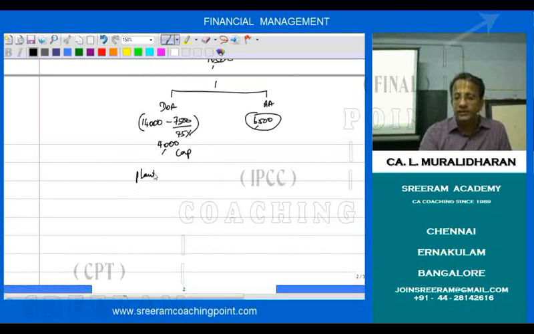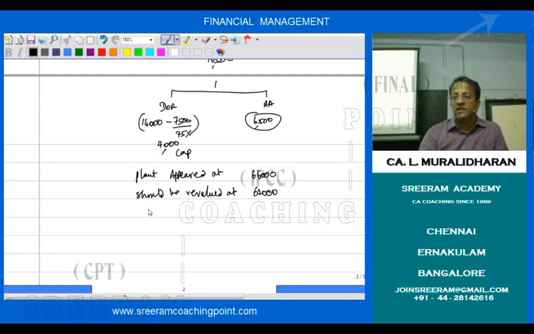So plant appeared at 66,000 should be valued at 62,000, which would cause revaluation loss. How much? 4,000. Revaluation loss to the extent of 4,000, which is to be considered as part of capital profit.